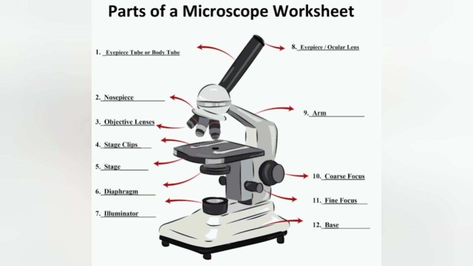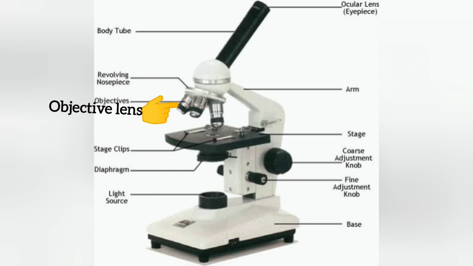There is the objective lens. There is the grip, the stage, the diaphragm, and the base. There's also the light source, and there is the arm. I've mentioned the light source, which provides the light.